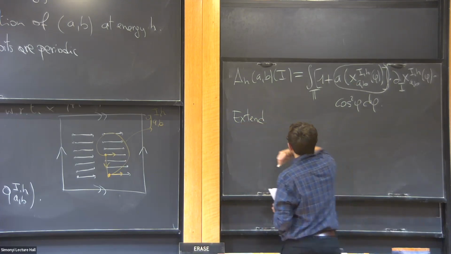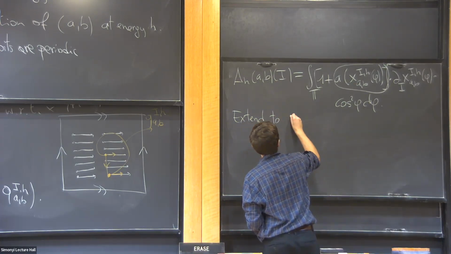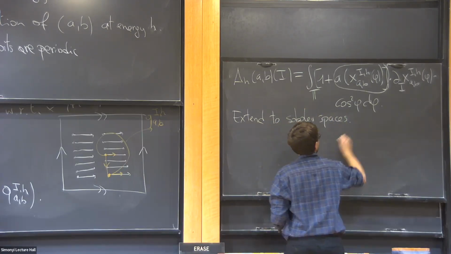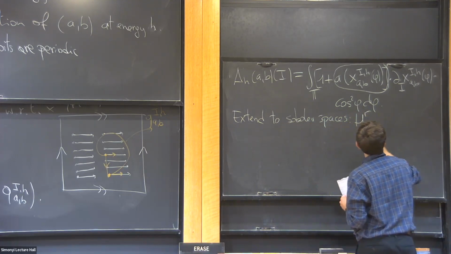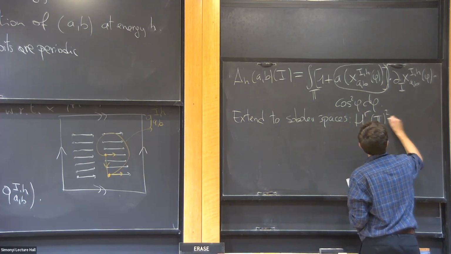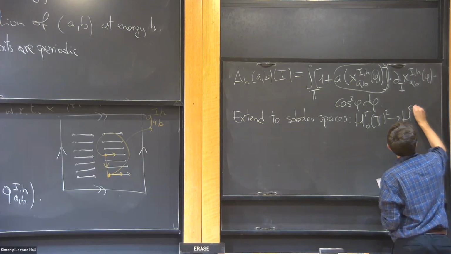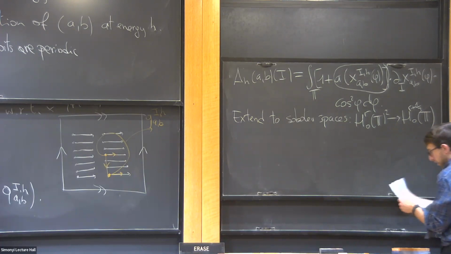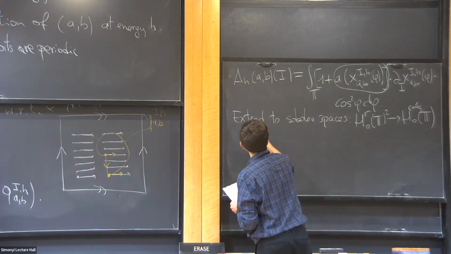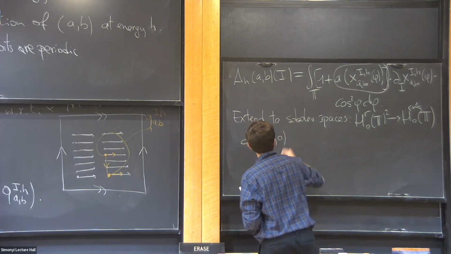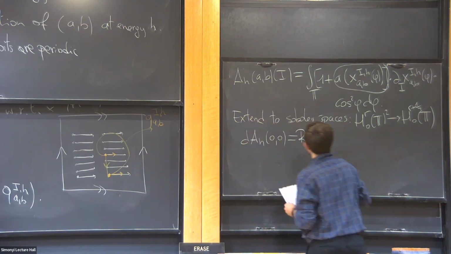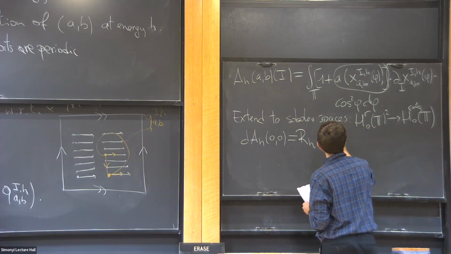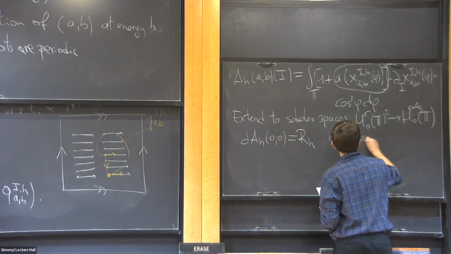So then you have your expression, then you can extend this to Sobolev spaces. Then you have regularity R, and it gets improved by 1/2. The differential of this thing at the origin is exactly the operator we looked at before, and this is a short computation: it is a surjective operator.